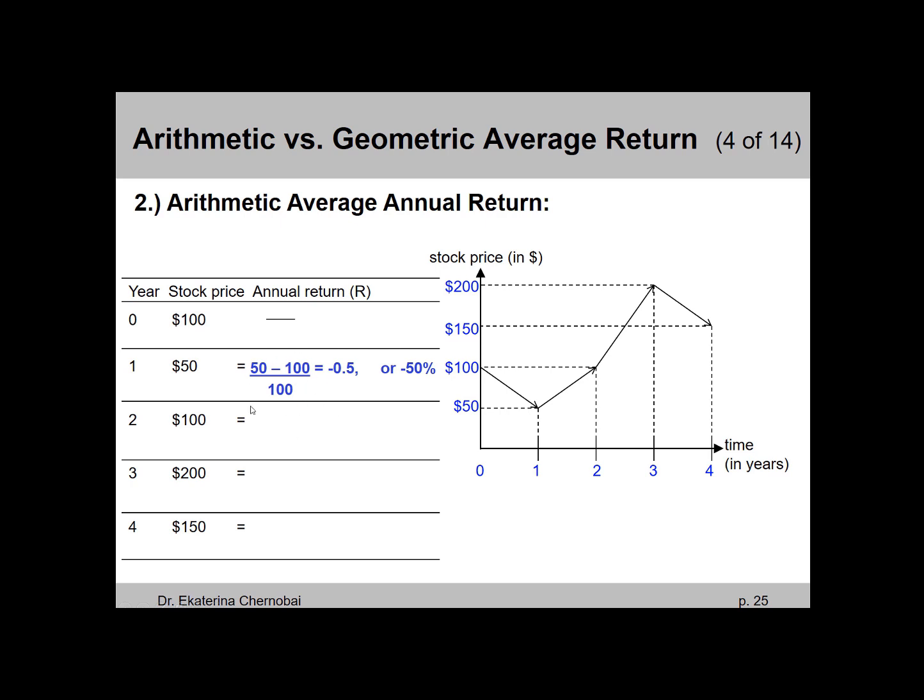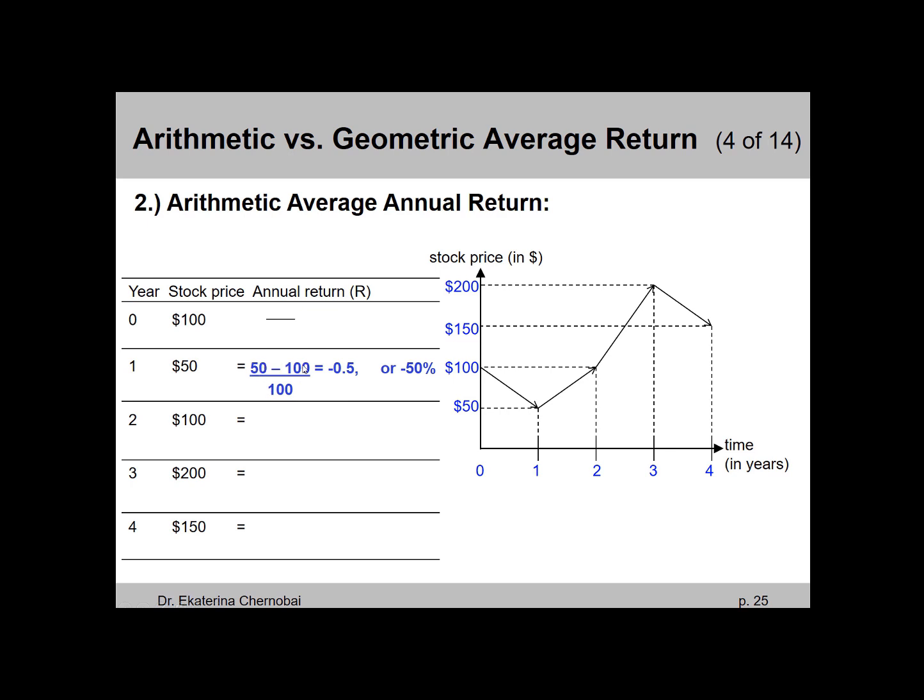We always use this little formula, and I always tell my students to memorize this trick as new minus old divided by old. New minus old divided by old. You take the new price, $50 at the end of the year, subtract the old price, $100 at the beginning of the year, and then you divide the result that you find by the old number, $100.